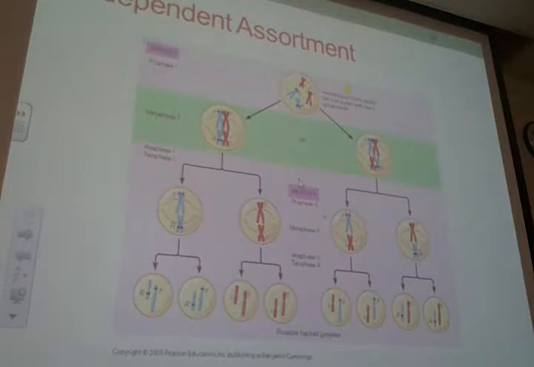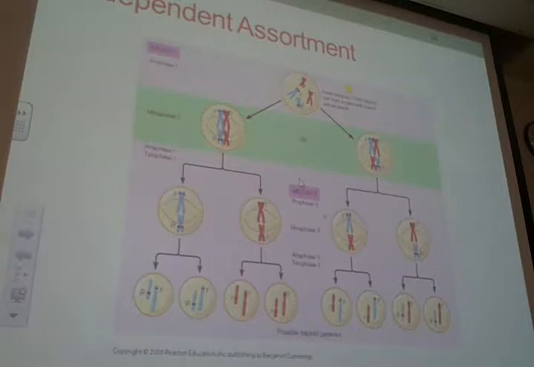Okay, so back in prophase 1, we had homologous chromosomes getting together, through synapsis by the synaptonemal complex. I'm going to leave a little bit of space so I can put letters in here.